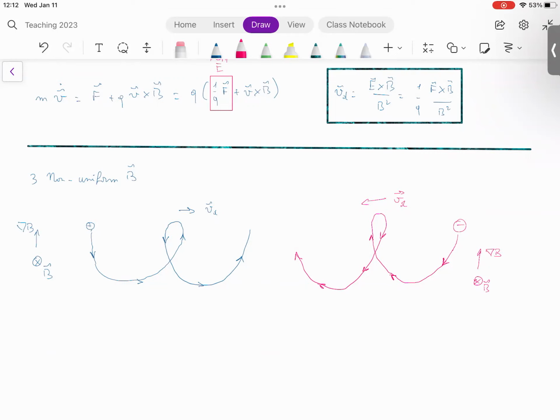Actually, I did not do the drawing for the E cross B case for the electron. Try to do it, and you will see that you get the same result. And the reason is that in that case, the force is in opposite direction for ions and electrons. They're gyrating in opposite directions, but the radius becomes bigger or smaller in opposite directions as well. And the two minus signs, if you wish, will cancel each other. You end up with the same sign.